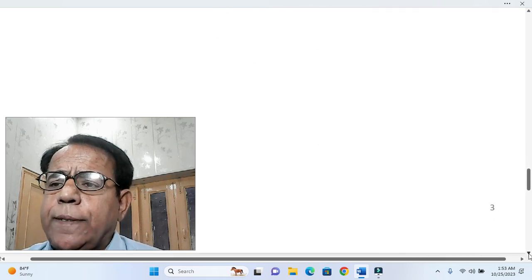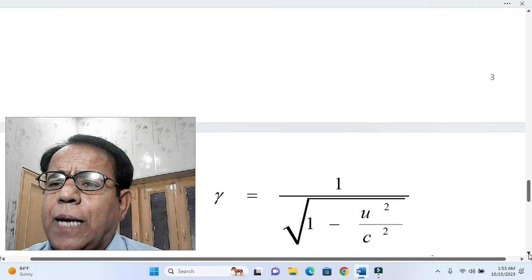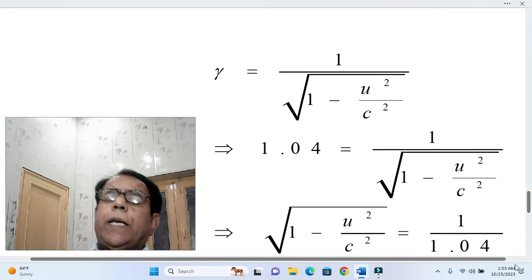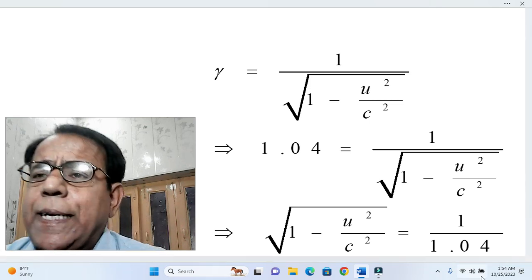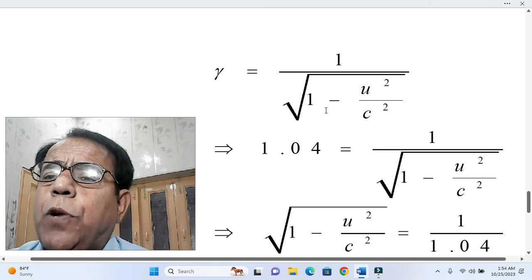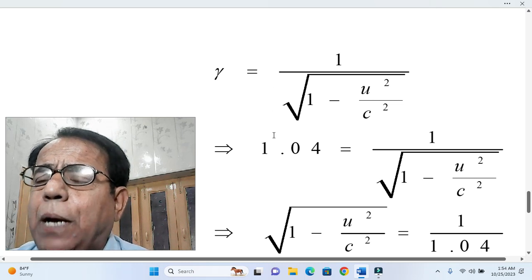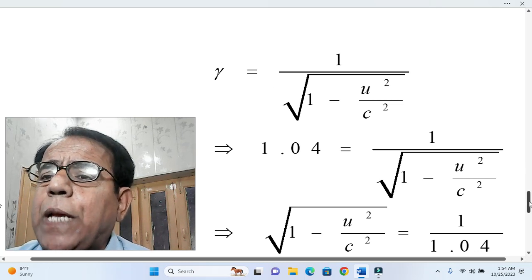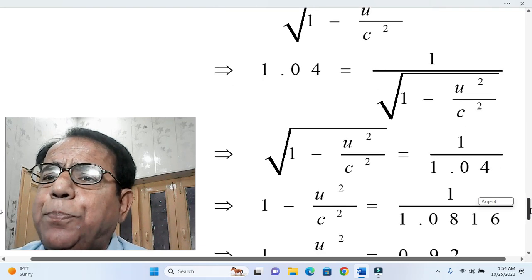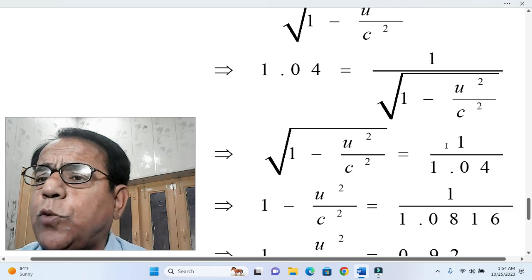Now we come towards the last part of this problem, in which we will find the speed parameter u over c. Gamma is equal to 1 over the square root of 1 minus u square over c square. We know the value of gamma we have found in the previous step, which is 1.04. Hence 1.04 is equal to 1 over the square root of 1 minus u square over c square.